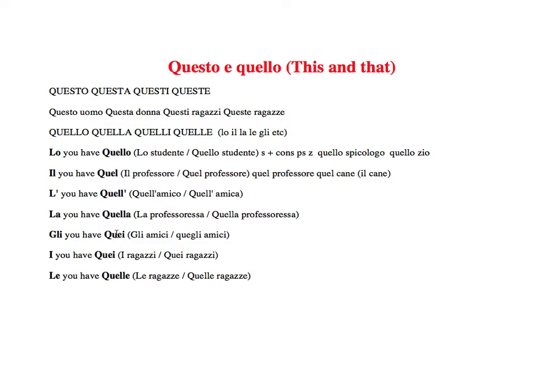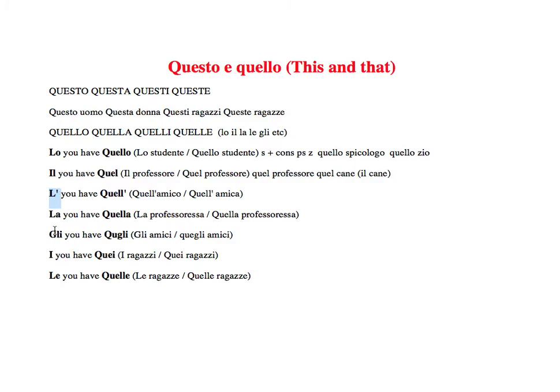And the same thing is with the plural masculine, okay? Sorry, there was a little mistake here, so it's quelli. So where you would use gli, like in the case in front of amici, why? Because you use gli in the plural, starting with a vowel, because gli is the equivalent of the singular L apostrophe.